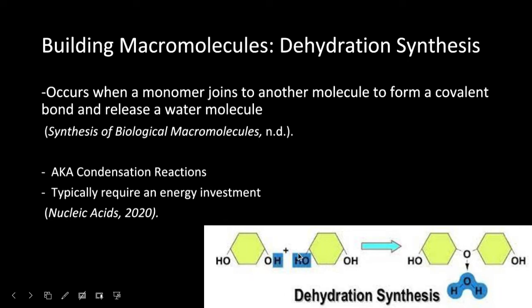Here, as you can see, two molecules are joined, and a hydroxyl and a hydrogen are removed in the form of water, and these two molecules are joined and the ether is formed, also known as a condensation reaction. It typically requires a high amount of energy investment.